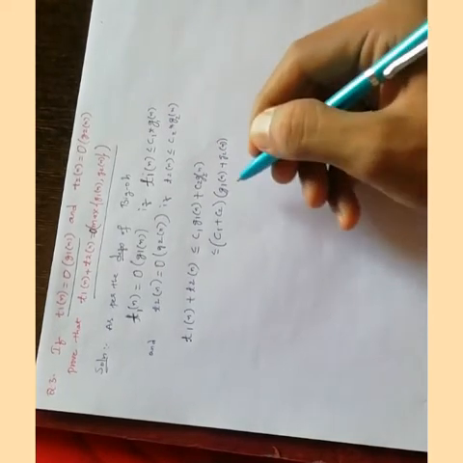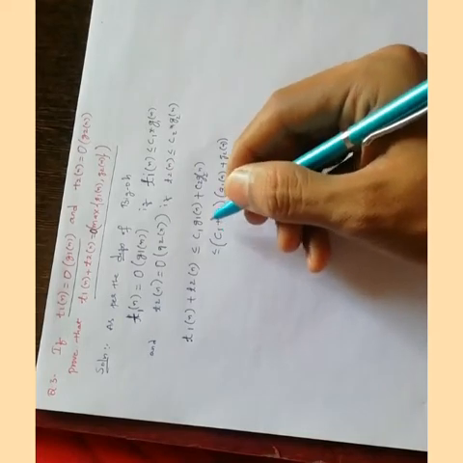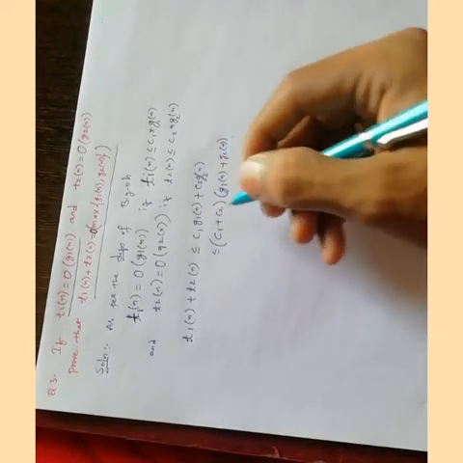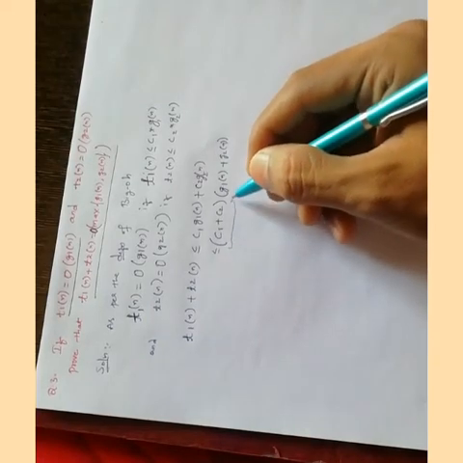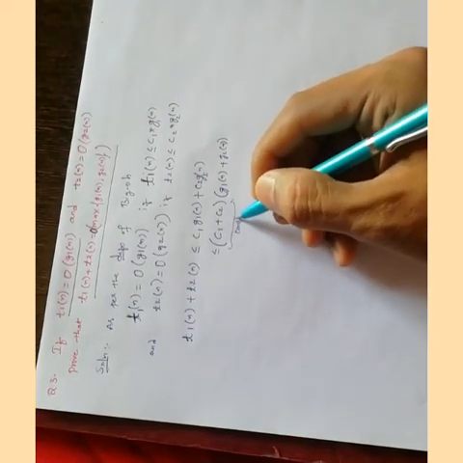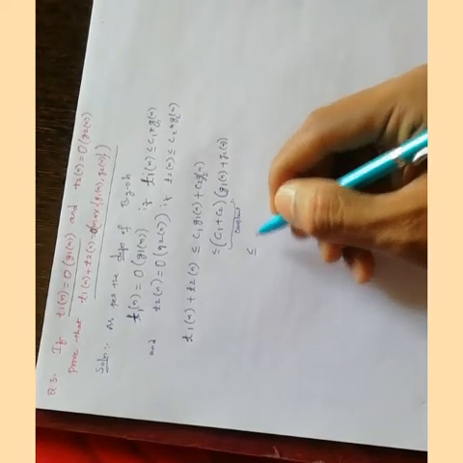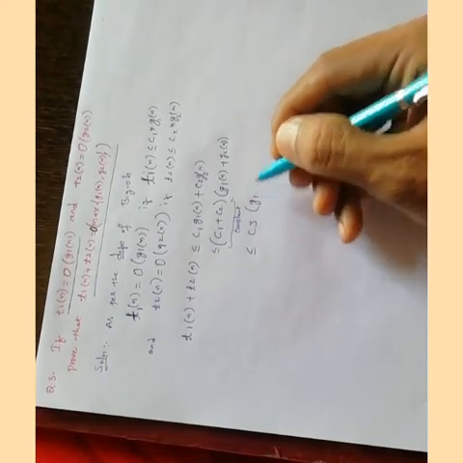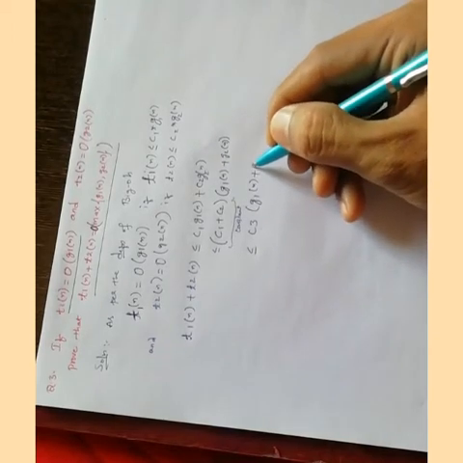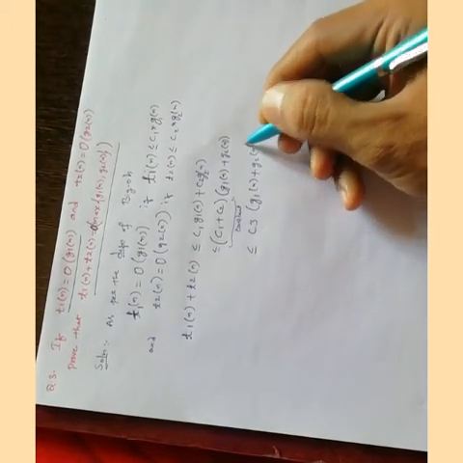That is simple mathematics. Now this is a single constant, so I will take it as one constant, c3, times g1 of n plus g2 of n.